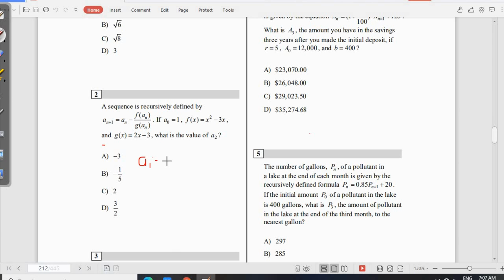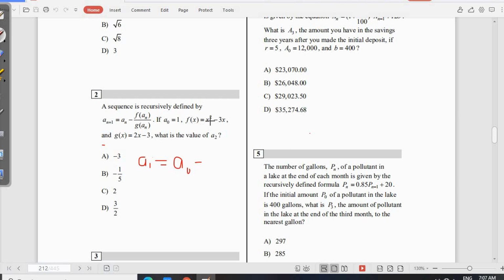Then this an here will be a0, which we know, minus f of a0. So we're going to put f of a0, where a0 is equal to 1, as f of 1 and g of 1.